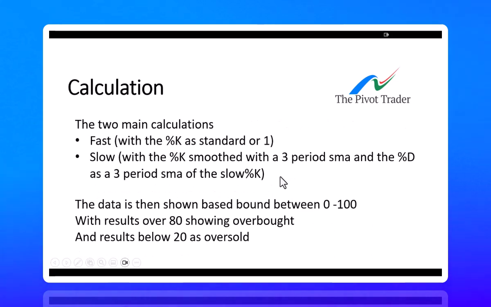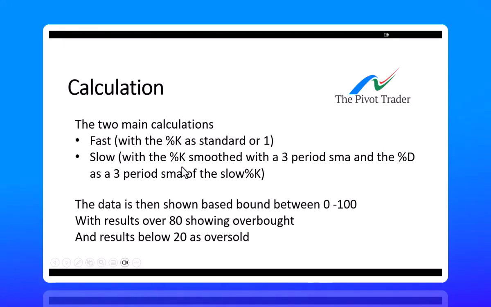Now, there are two main calculations, two different sorts of stochastics that you might come across. Actually, there are 3, but the majority of them are either fast or slow. The fast one is with the percent K, the stochastic left as standard, or it's referred to as 1 on the indicator on things like TradingView. And then there's the slow version.